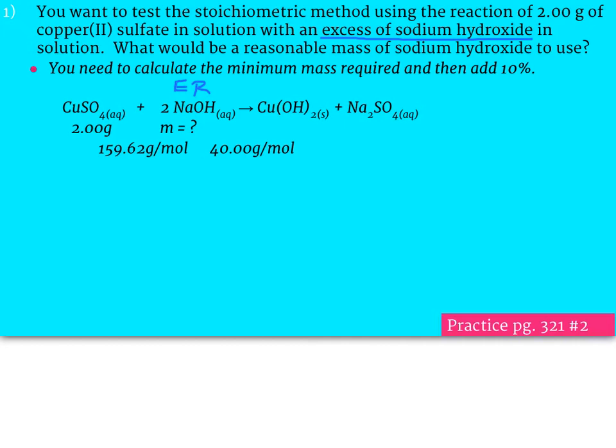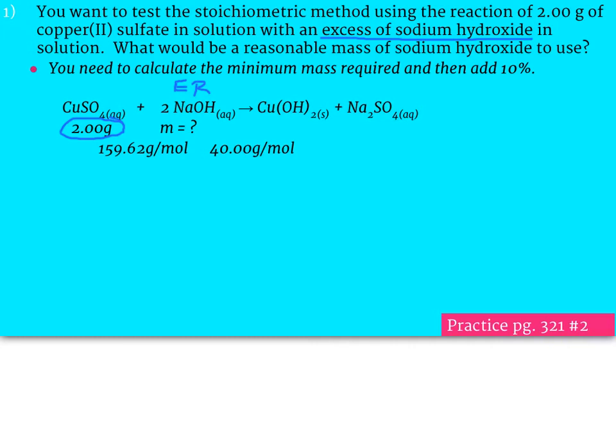That means I want to use enough sodium hydroxide to react completely with my 2 grams of copper 2 sulfate. I'm going to do my normal stoichiometry, and then at the end I'm going to take my answer and add 10% to it in order to make sure that I have enough plus a little bit more, which is a reasonable amount.